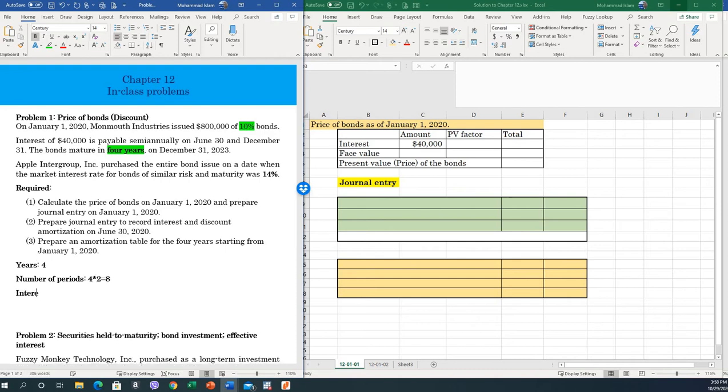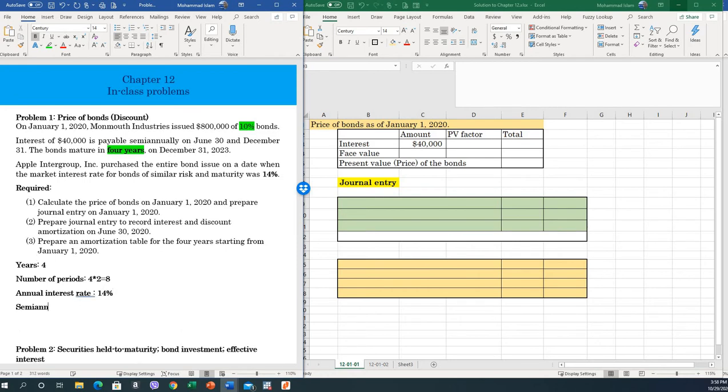And the annual interest rate is 14%, the market rate, and semi-annual interest rate would be 14% divided by 2 equal to 7%.